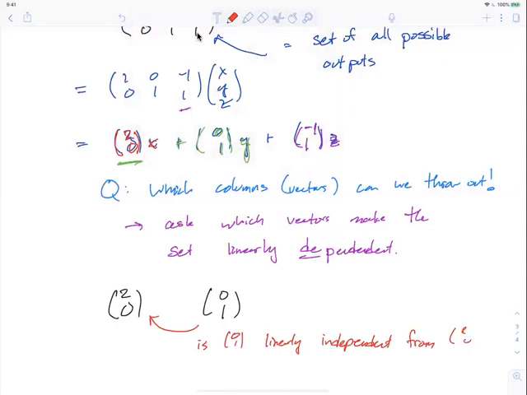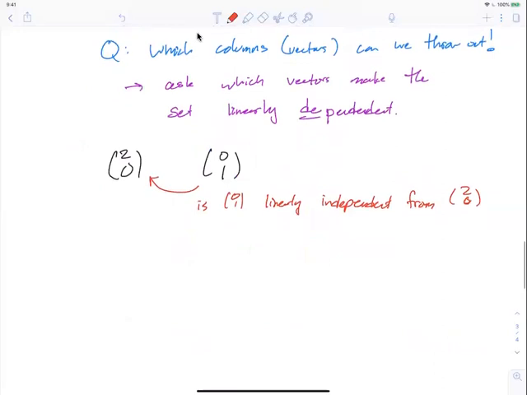All right, so by just eyeballing it, you can see that (2, 0) is not a linear multiple of (1, 0), and vice versa. So in fact, they are going to be linearly independent. But let's get a surefire way of figuring out whether or not things are linearly independent.